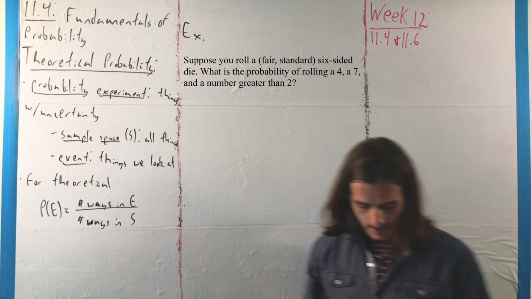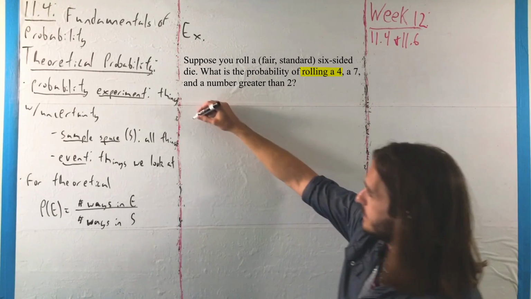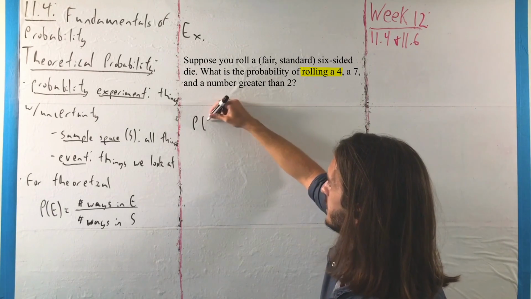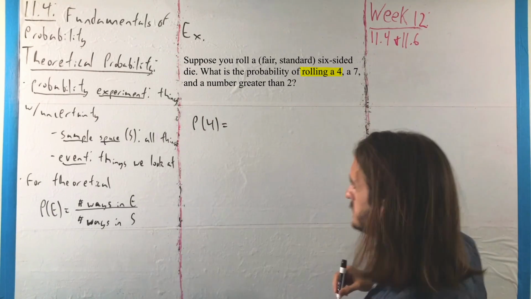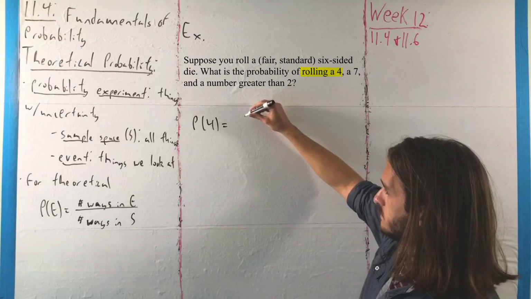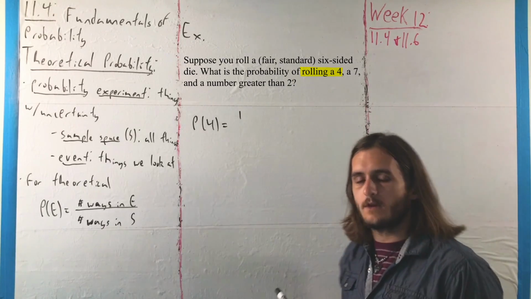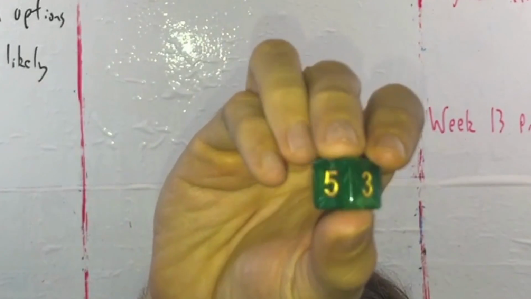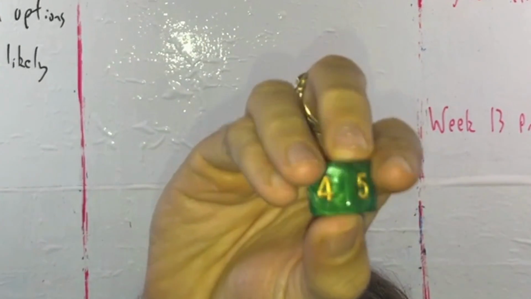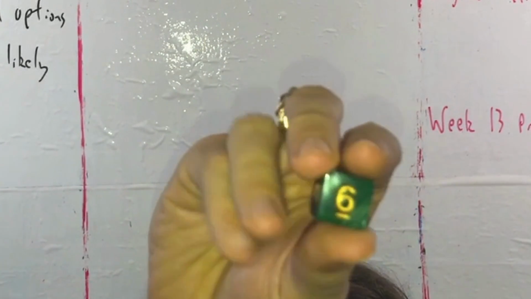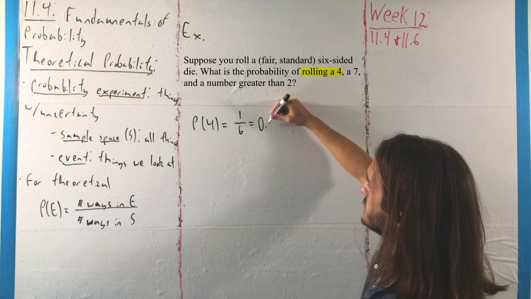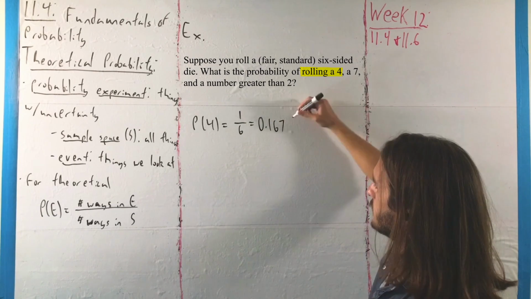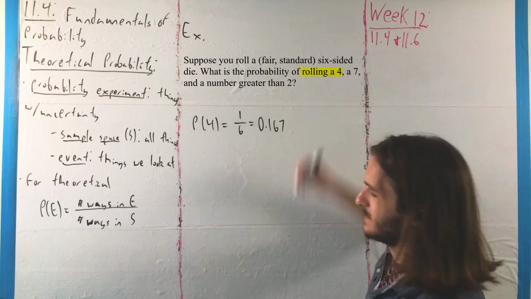So in our first case there, if you want the probability of getting a 4, we write that as P of 4 is equal to the number of ways we can get a 4, in this case 1, divided by the total number of things that can happen on a dice roll. In this case, that would be 6. So the probability here is 1 out of 6, or if you want to represent that as a decimal, we would say that's about 0.167, not 1.167.